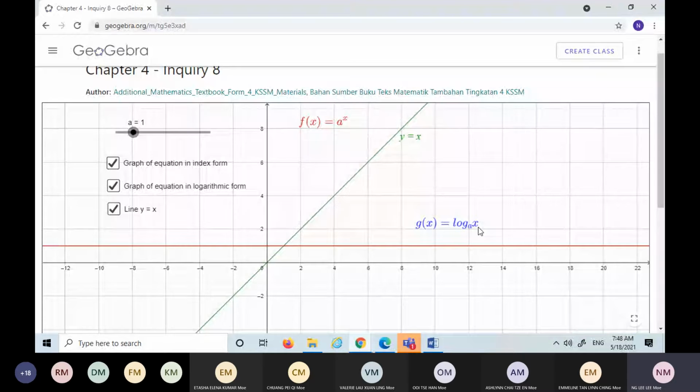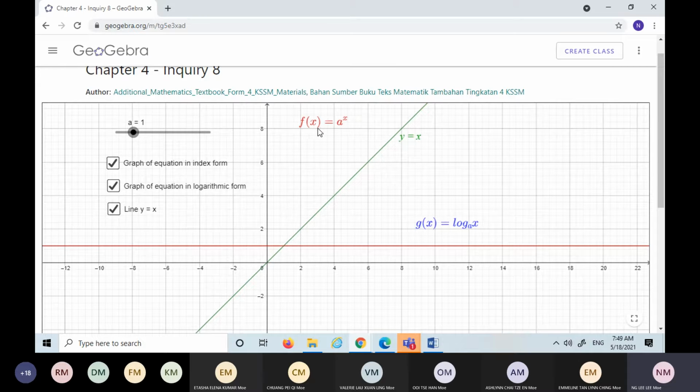So there is no log base 1 of x; it does not exist for this graph, meaning it does not exist for this log also. But how about f(x), the red one? It becomes a straight line, because A is now 1, and 1 to the power of anything is still 1.